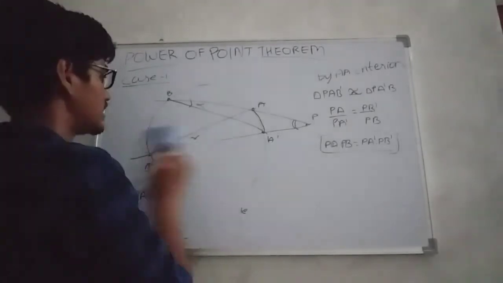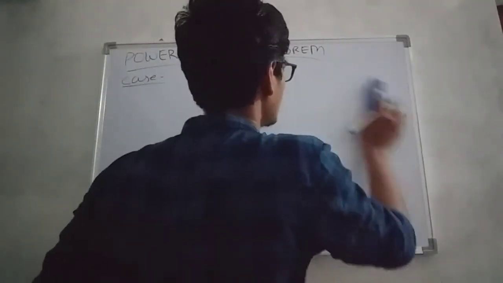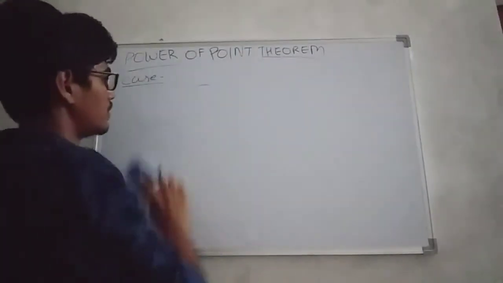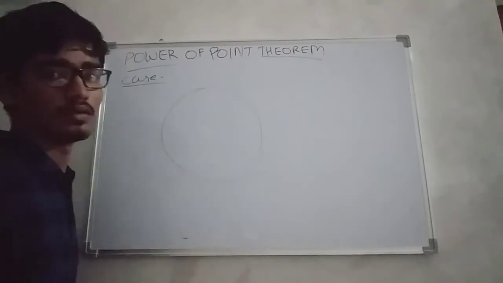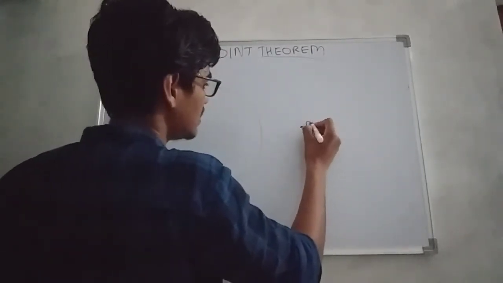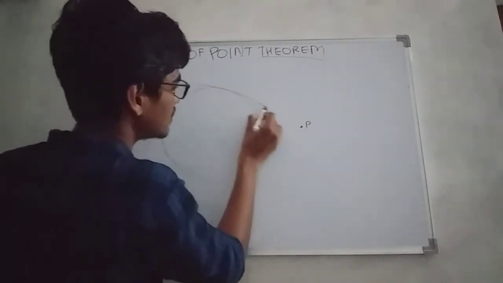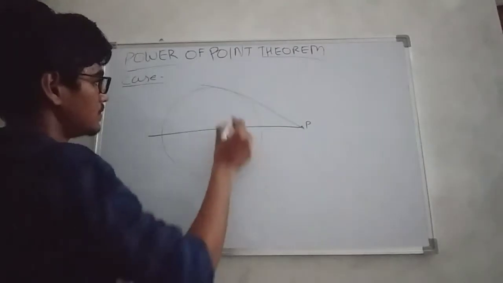Now, I want to explain case 2. Here, consider a circle and an external point P such that a tangent and a secant are drawn.